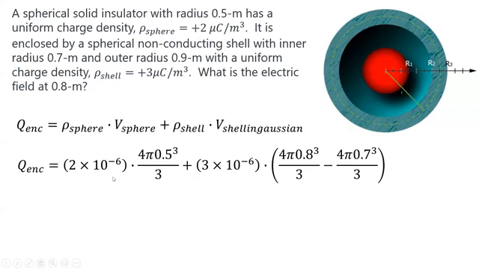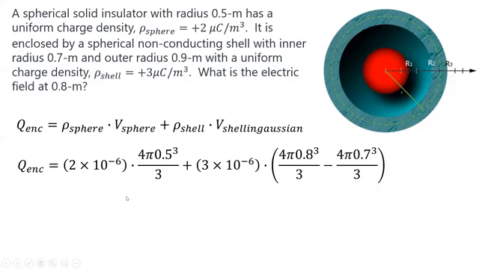So we know what the charge density is for the sphere, and we know the charge density for the shell. The volume of the sphere is 4/3 pi r cubed, where r would be 0.5. That's for the sphere. And for the shell, it's going to be 4 pi 0.8 cubed over 3, because that's how far we're going out to. That's where the Gaussian is, 0.8, minus the inner surface, inner radius, 4 pi 0.7 cubed over 3, because that's the inner radius.